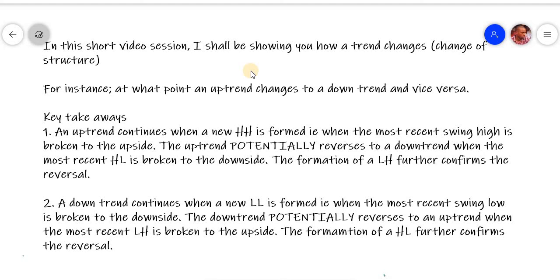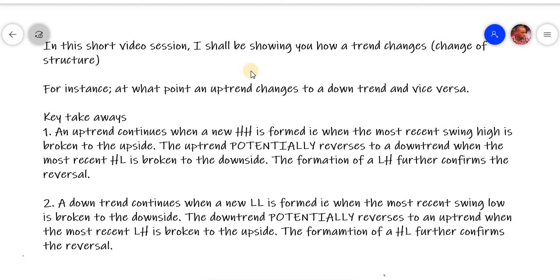The uptrend potentially reverses to a downtrend when the most recent higher low is broken to the downside. The formation of a lower high further confirms the reversal.